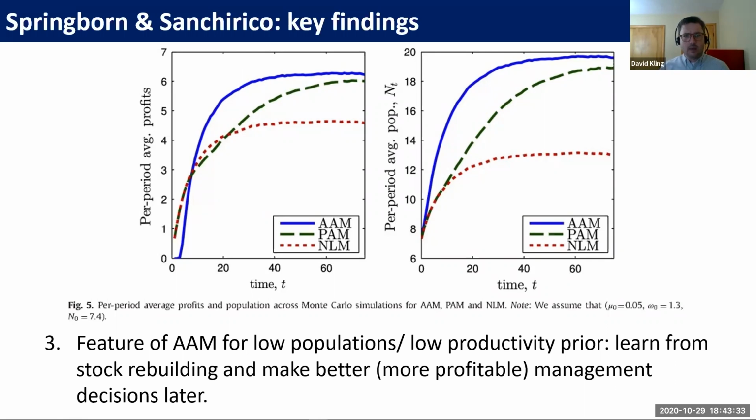So sometimes the way in which an AAM solution explores and gains information is by doing nothing and allowing, for example, a depleted stock to rebuild and generate information that speeds learning. And so I think that's a finding that I really liked from this paper.